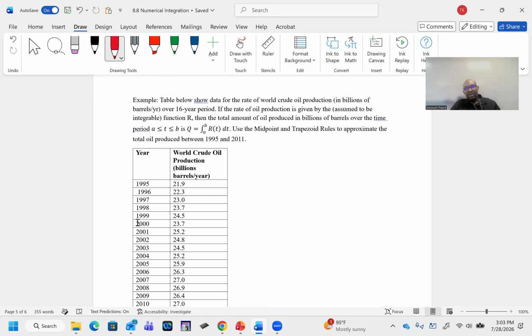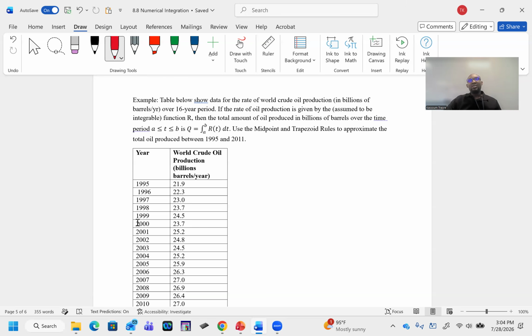If the rate of oil production is given by, they assume, an integrable function R, then the total amount of oil produced in billions of barrels over the time period from A less than or equal to t, which is less than or equal to B, is Q is equal to the integral from A to B of R(t) dt. Use the midpoint and trapezoid rule to approximate the total production between 1995 and 2011.